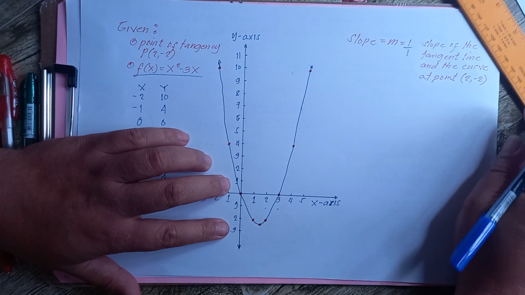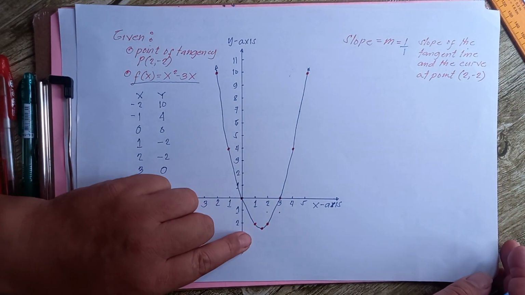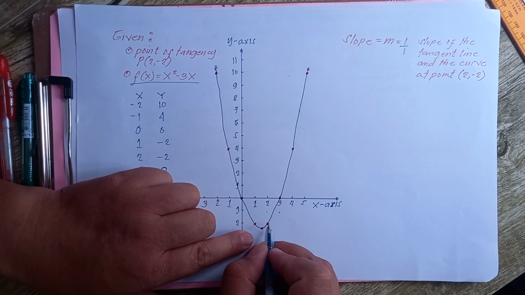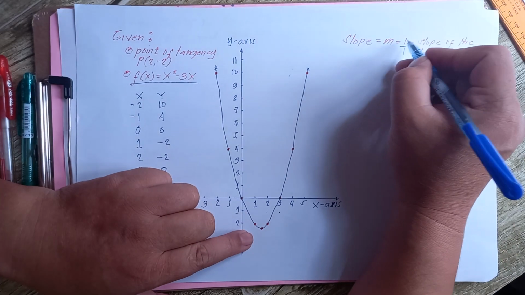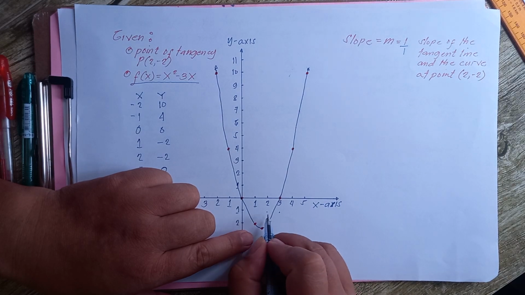So using the slope to graph the tangent line, from the point of tangency, the change of y, which is 1, is counted upward, and the change of x will be this one.